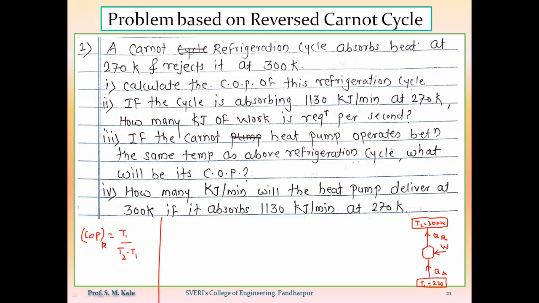So 270 divided by 300 minus 270, that is 30. 270 divided by 30 is nothing but 9. So this is the value of COP of the refrigerating system, and that is the answer of your first question.